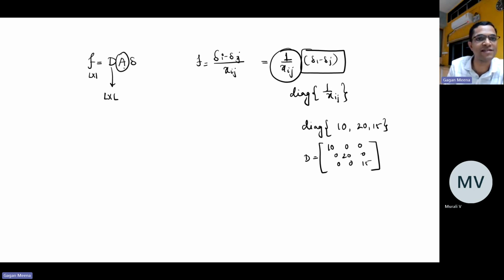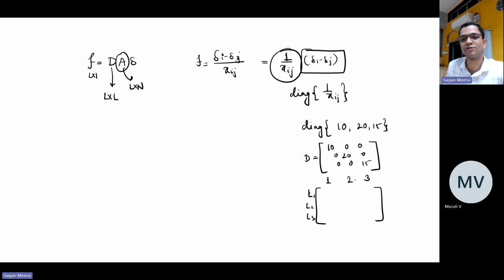And this A matrix is the incidence matrix. Its dimension will be L cross N. Here we have L: line 1, line 2, line 3, and here we have nodes 1, 2, 3. So line 1 is connected between 1 and 2, originating from 1 and ending on 2, so it is directed like this, 1 to 2.